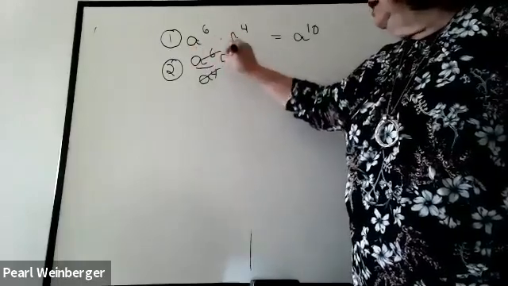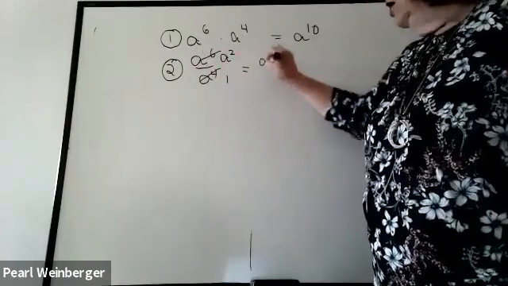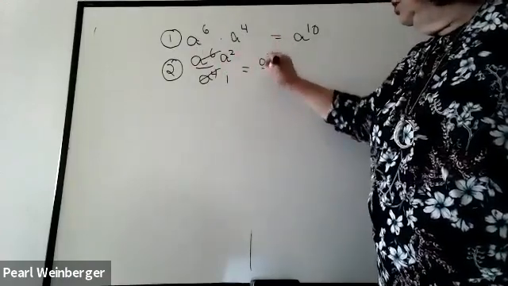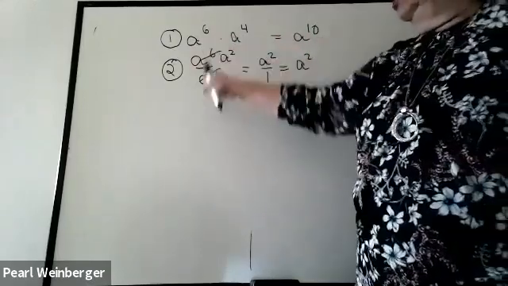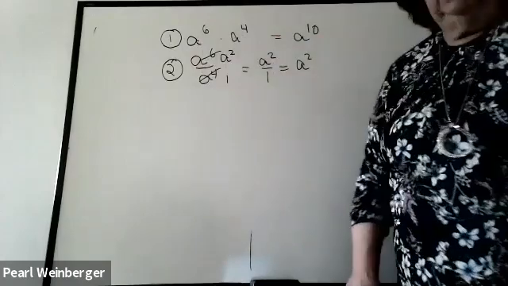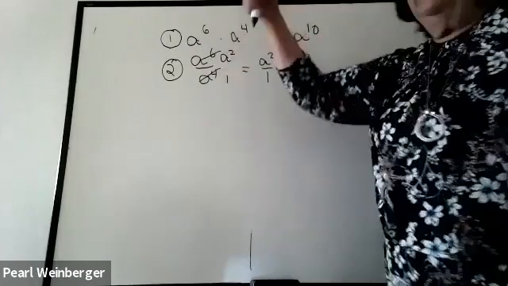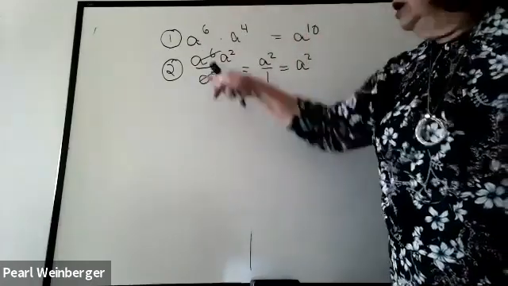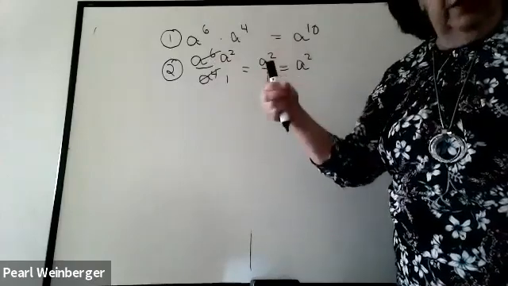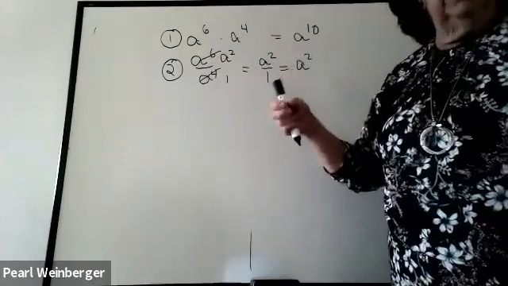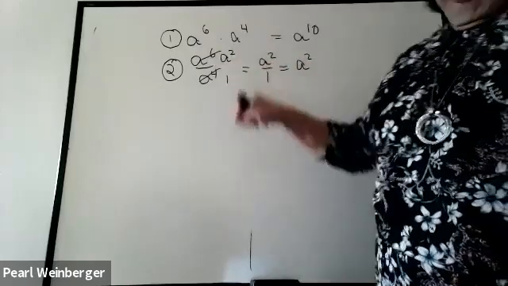This gives me a squared over 1, which is just a squared. Always remember that when you're canceling out, you always leave your answer where the higher exponent is. The lower exponent gets canceled out and you're left with the higher exponent. This will always allow you to have a positive exponent because you don't want to end up with a negative exponent.